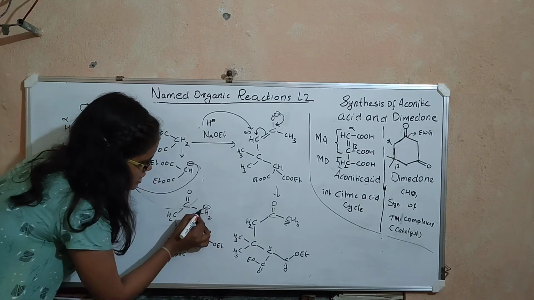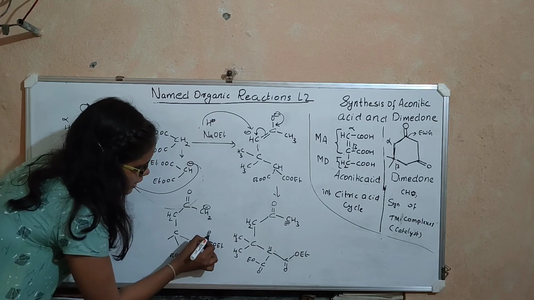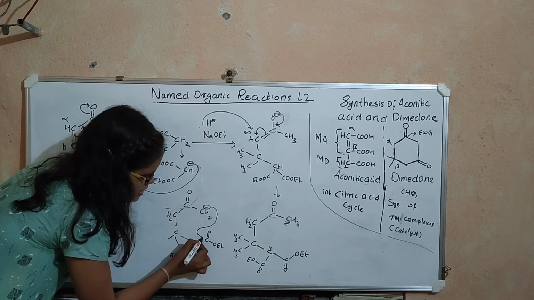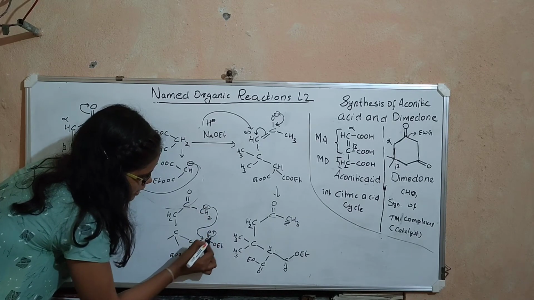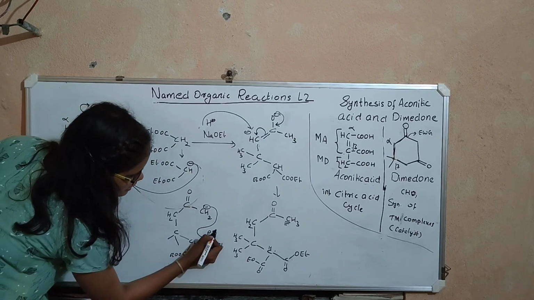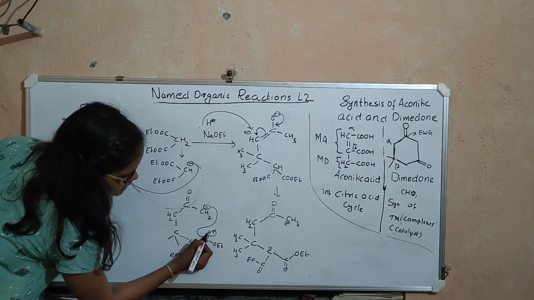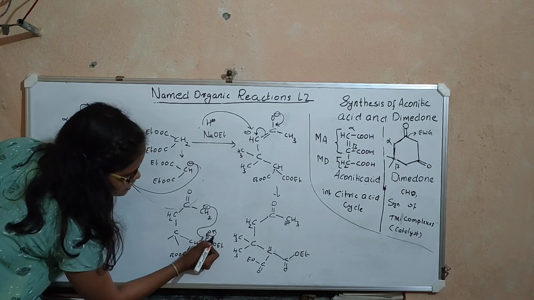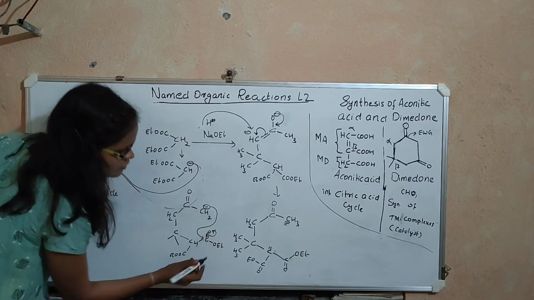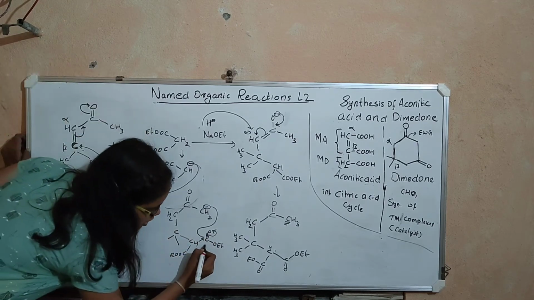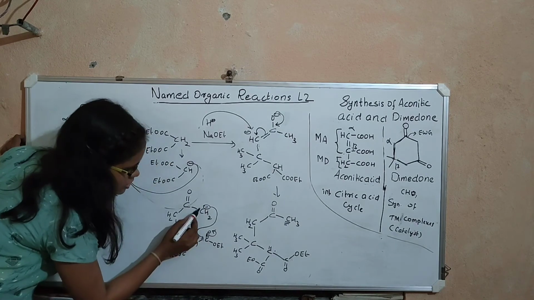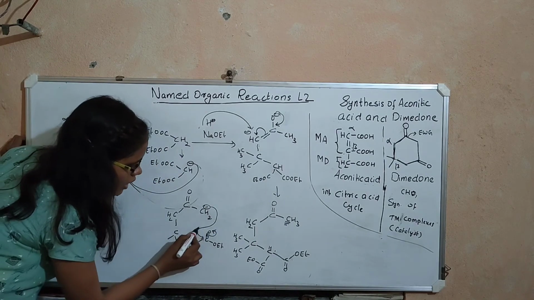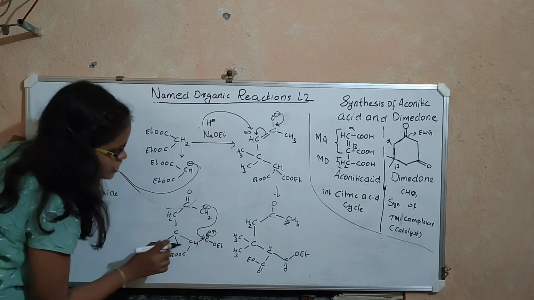So what will this nucleophile do? It will go and attack this carbon, because this oxygen is more electronegative than carbon. It will draw the electrons of this double bond towards itself. Then this carbon will become electron deficient, right? Therefore, this nucleophile will go and attack this electron deficient carbon.